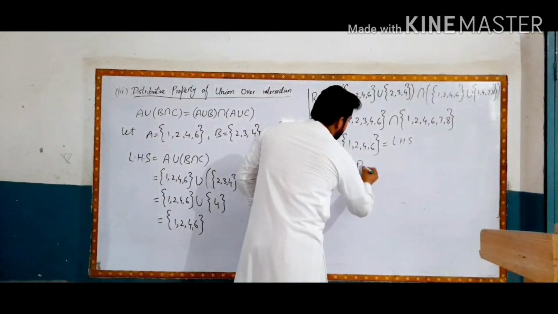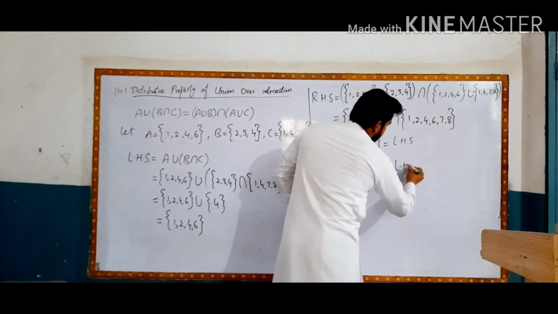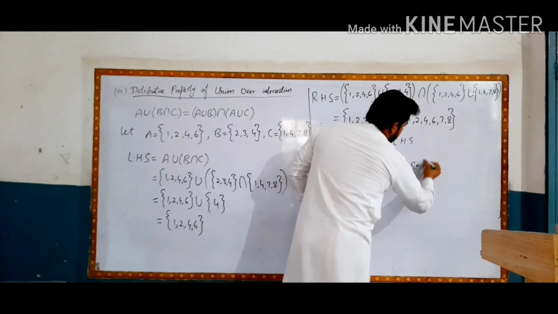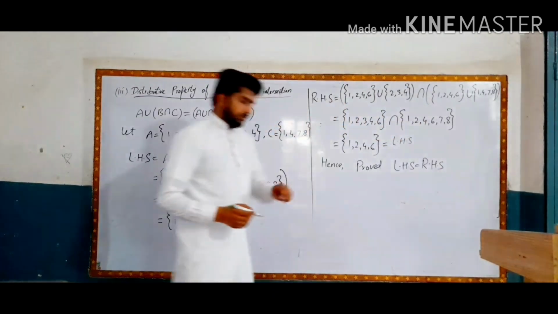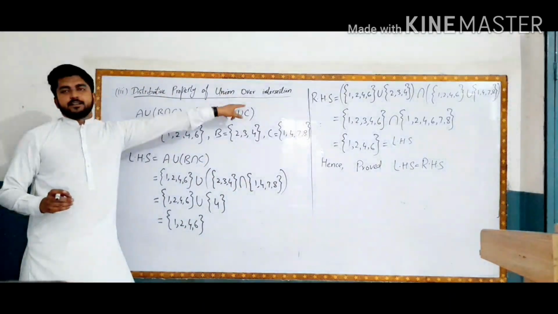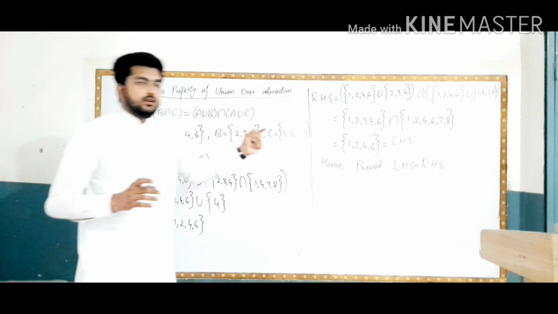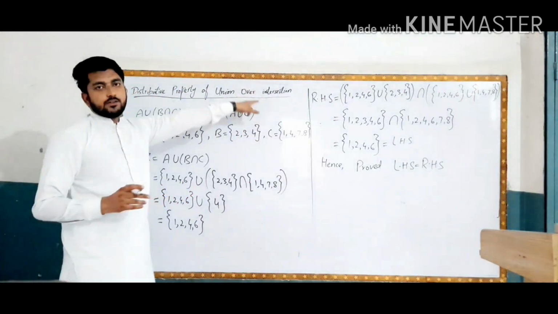Hence we have the conclusion that we have proved that the left hand side is equal to the right hand side. So this is the distributive property of union over intersection. Now we have the distributive property of intersection over union.